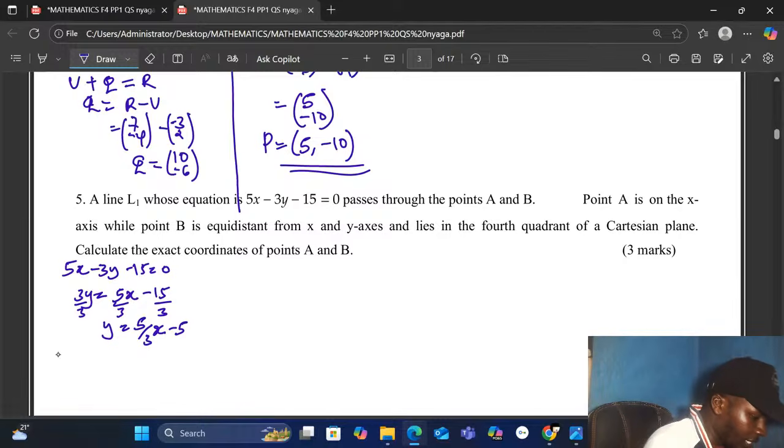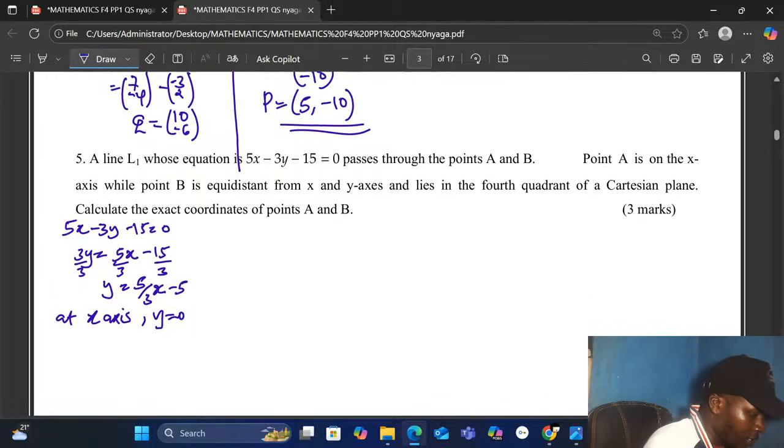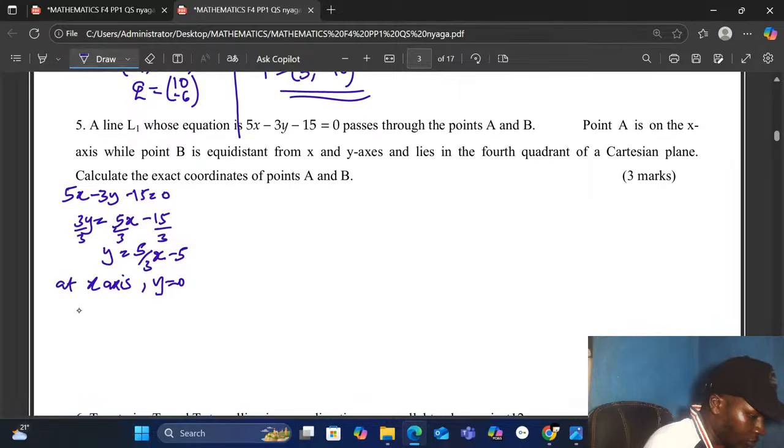So at the x-axis, y is equal to 0. Then we equate that y is 0, so 0 is equal to 5 over 3 x minus 5.